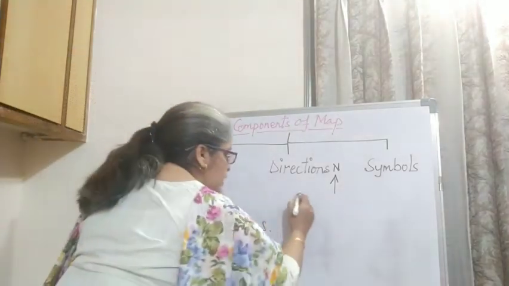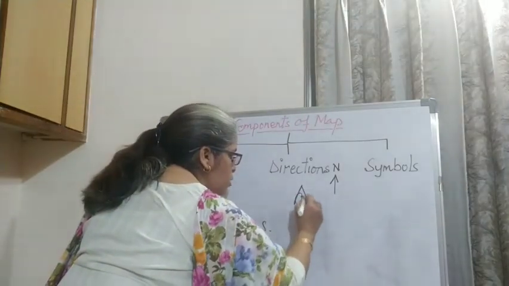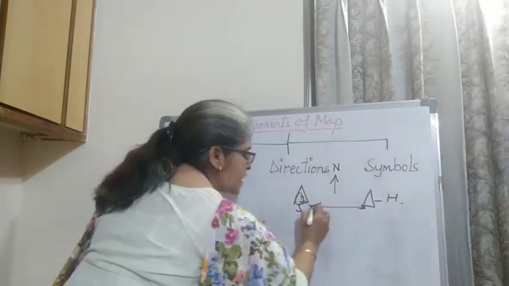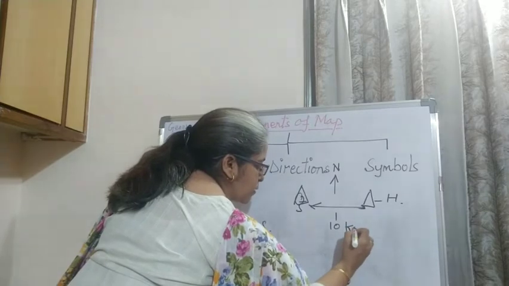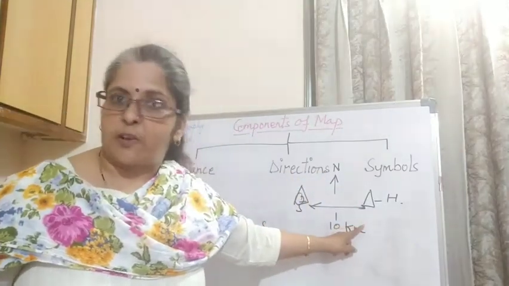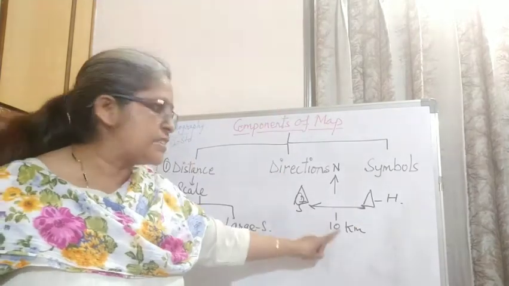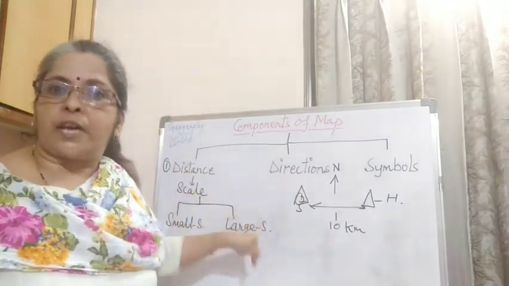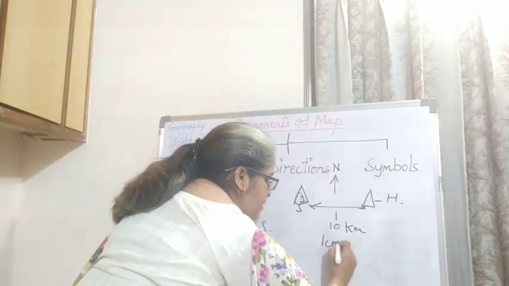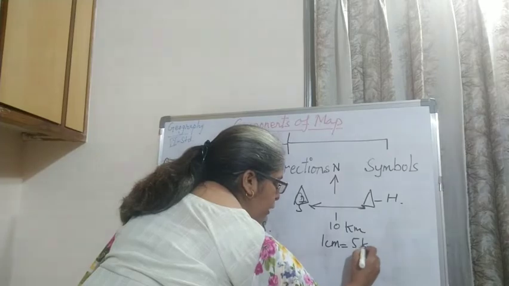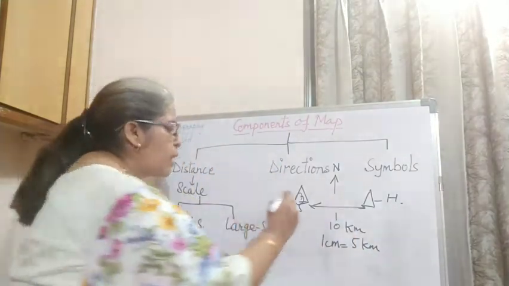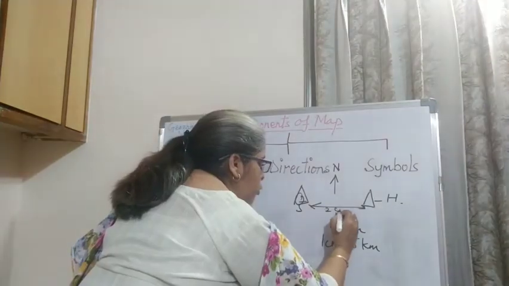Suppose this is your school building and this is your house, and the distance is 10 kilometers. It is not possible to show that on a piece of paper. So the actual distance is 10 kilometers, but when you show it on the map, you have to use the scale. 1 centimeter is equal to 5 kilometers, so you have to draw a line of 2 centimeters.